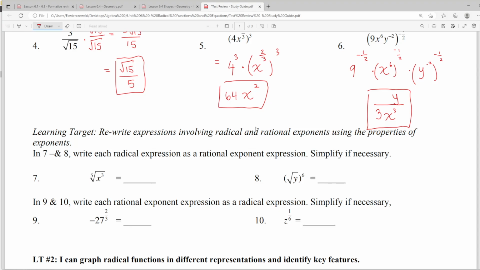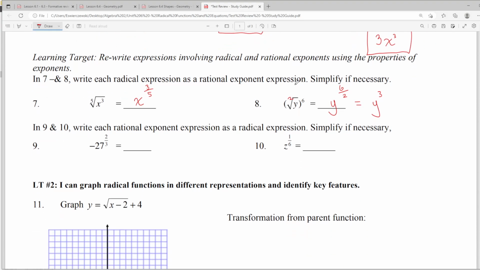Okay. Rational exponents. This goes in the numerator, this goes in the denominator. Y to the 6 over 2, which is equal to y to the third. I'm doing the opposite.